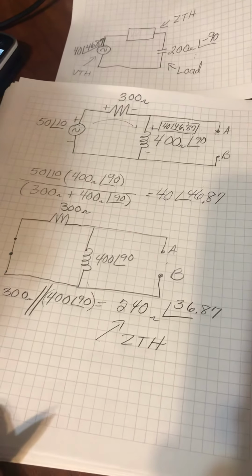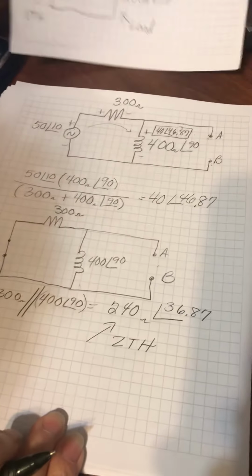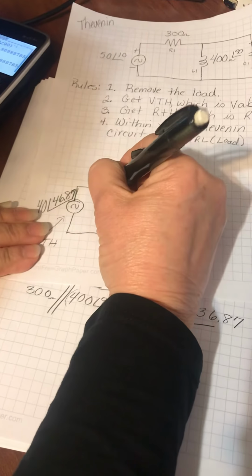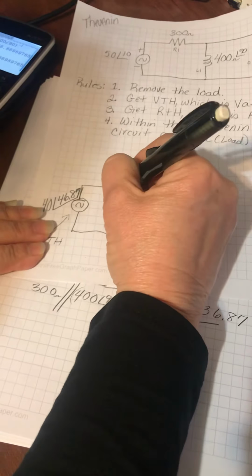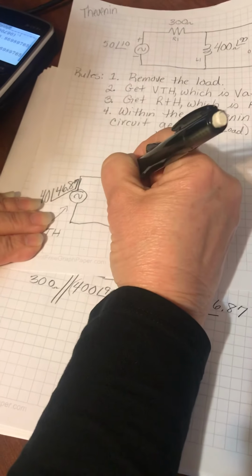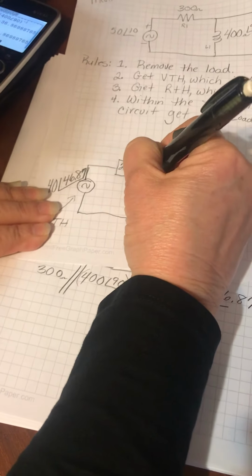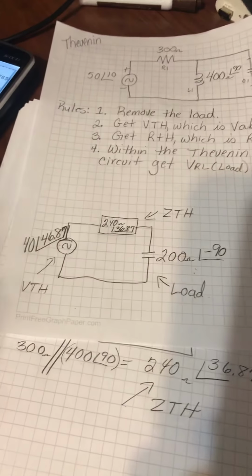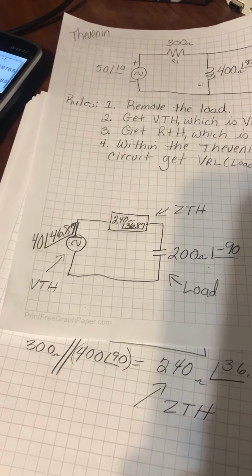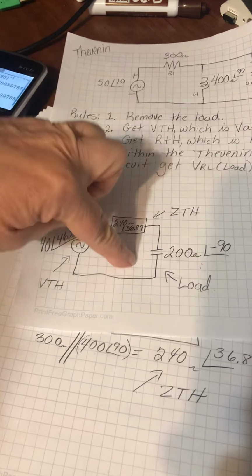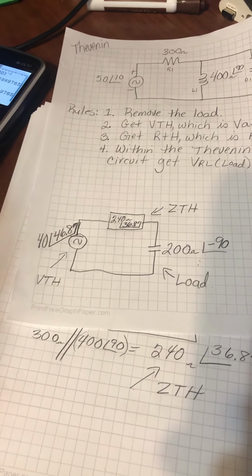So now we put our ZTH here in our Thevenin equivalent circuit, and it's 240 ohms at an angle of 36.87. So now we have our Thevenin equivalent circuit. And what was our goal? It is to get the voltage across the load within the Thevenin equivalent circuit.